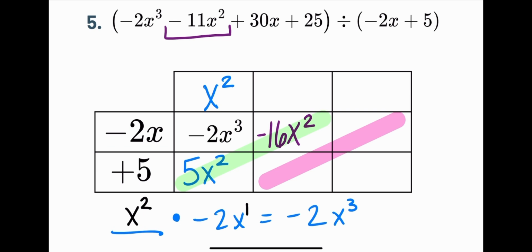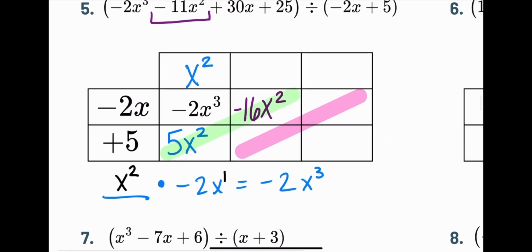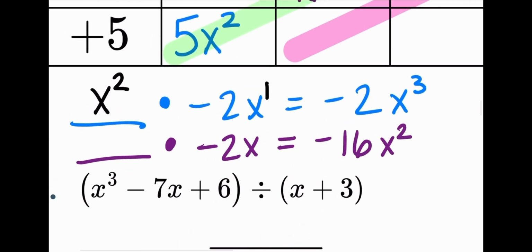Okay, now remember that this box times this box equals this box. So I'm going to write that out. Blank times negative 2x equals negative 16x squared. What times negative 2x would give me a negative 16x squared?